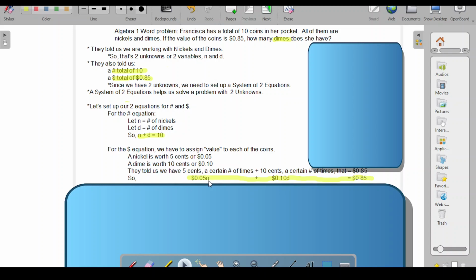That's what our N is, because remember, N stands for the number of nickels. So I'm saying number of times, but this is just in general. How many nickels? And we have 10 cents a certain number of times. Remember, D stands for the number of dimes.